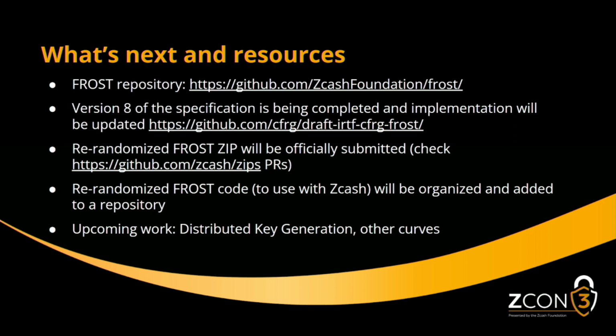Version 8 of the specification that Deirdre mentioned is coming soon. You can also check on that other repository. After we complete these goals, we're planning to work on distributed key generation, which I think was already mentioned, and also supporting other curves. That's it. We can go for some questions.